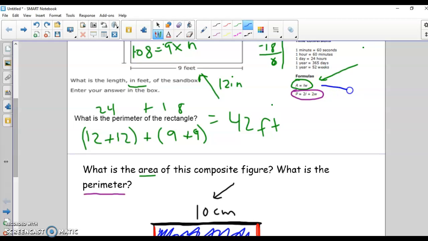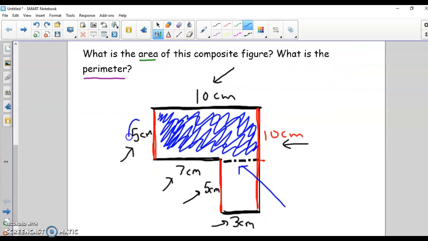Area says length times width. We have our length, we have our width, multiplying them together, the area of this rectangle is going to be 50 centimeters.